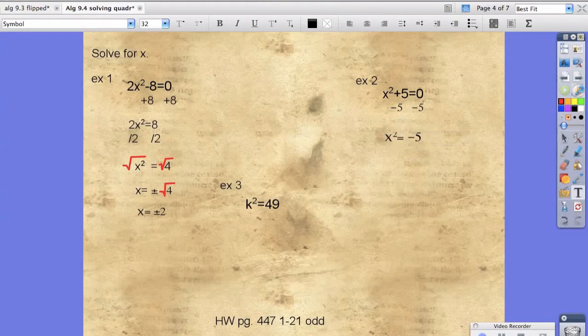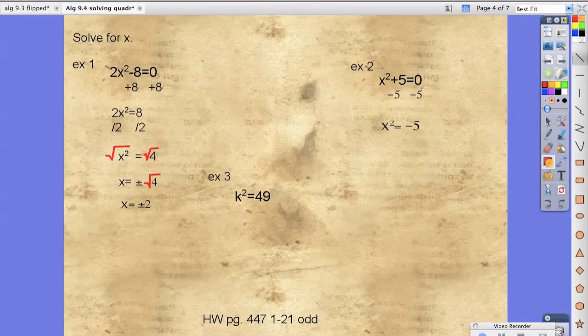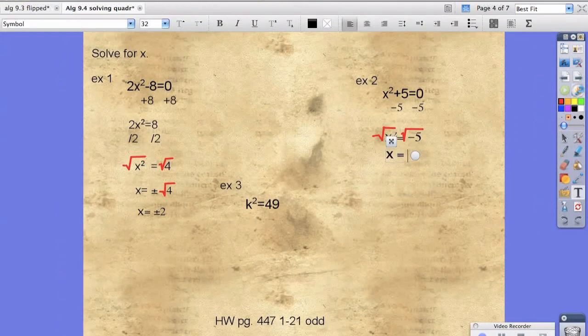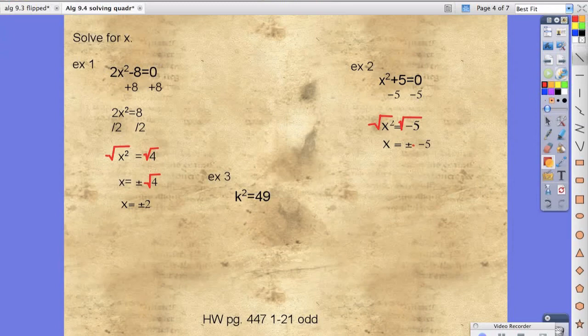So when we take the square root, or to solve for x, we need a square root to get the x by itself. So we get x equals plus or minus the square root of negative 5.